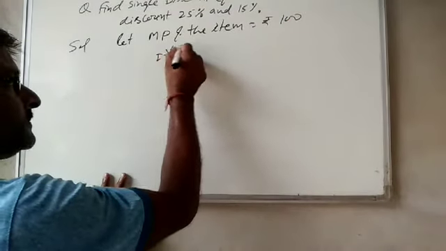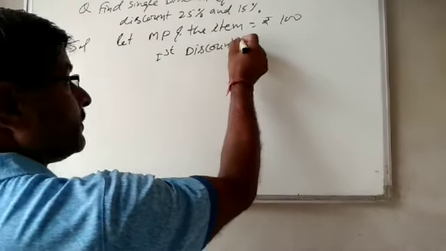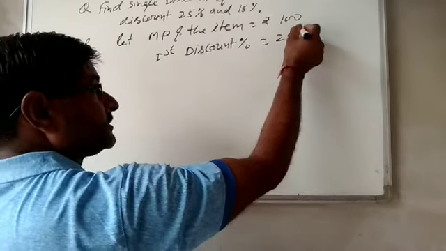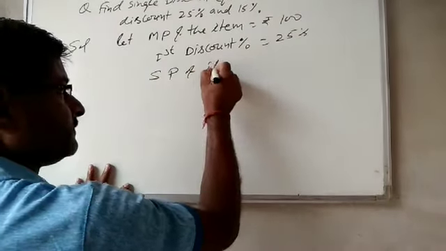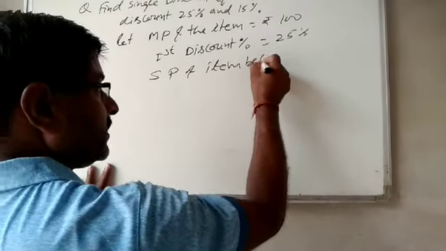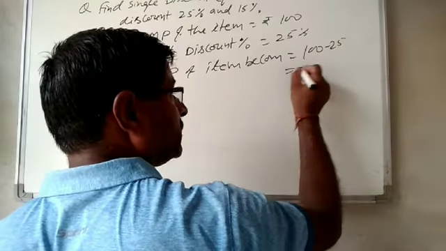First discount percent is equal to 25%. So selling price of the item becomes 100 minus 25 is equal to 75.